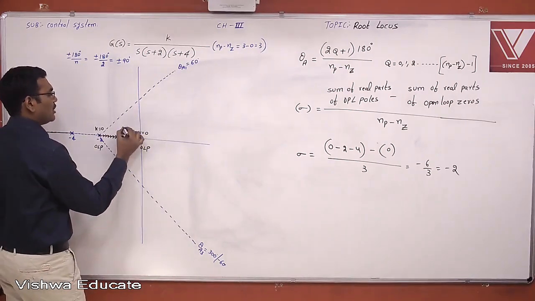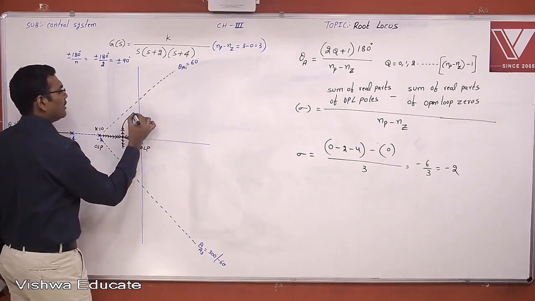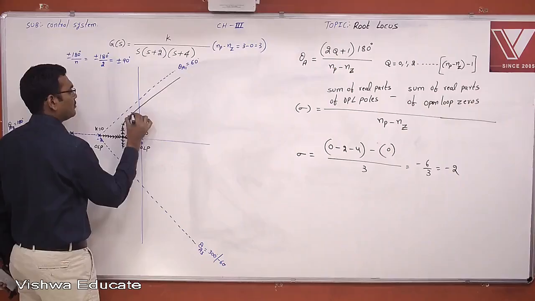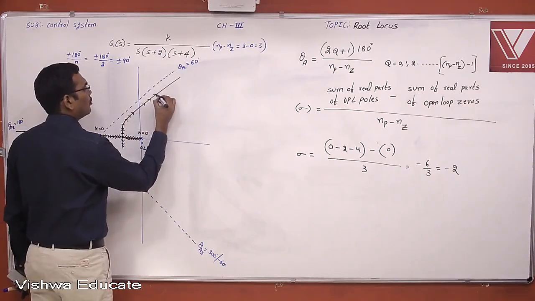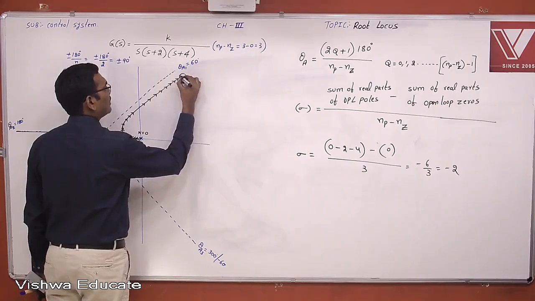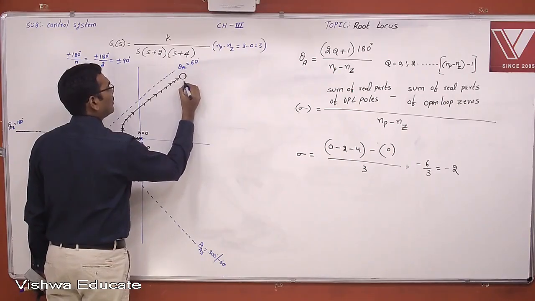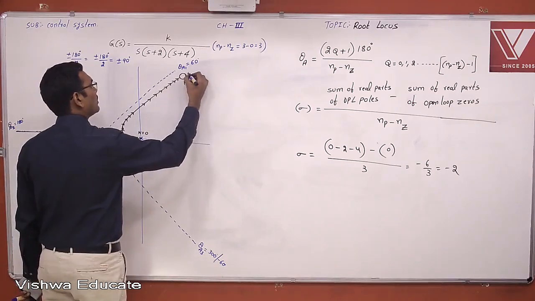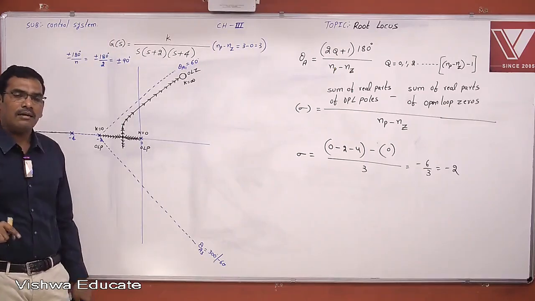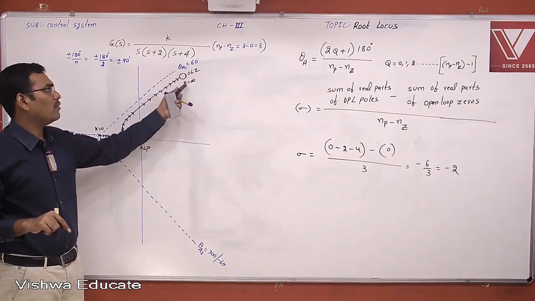Now, as k is changing, the closed loop pole is moves in this direction because that direction is given by the angle of asymptote. The root locus diagram terminates with k equal to infinity. The root locus diagram terminates with open loop zeros. If you go in the infinity direction, definitely we'll get one open loop zero.